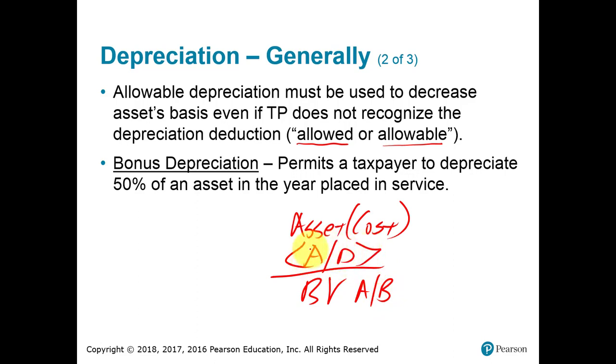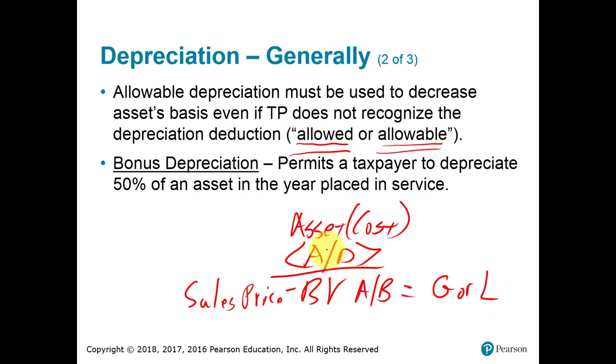So here's all the prior depreciation that was claimed. But you know what? You gotta put here what also should have been claimed if you didn't claim it. Now, if you sell it, here's the sales price, and you minus out this basis to get either a gain or loss.